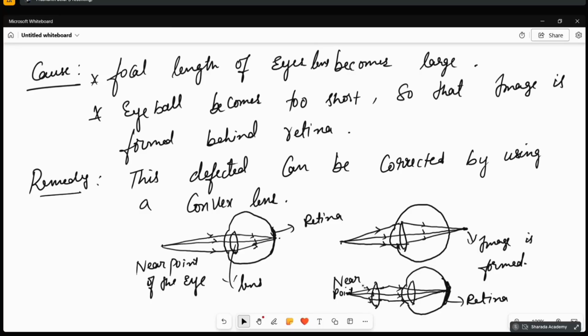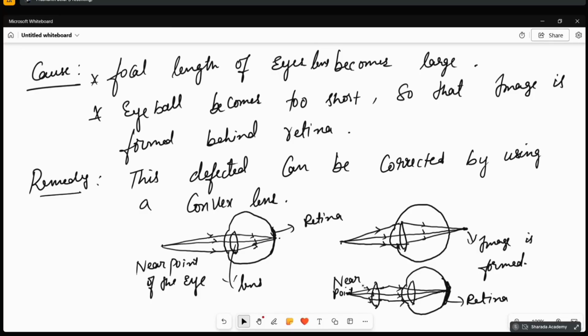When light splits, there are seven colors. So in a leaf, if you see green color, it means the leaf absorbs every color leaving green, because the leaf does not absorb green. Only green is reflected from it.